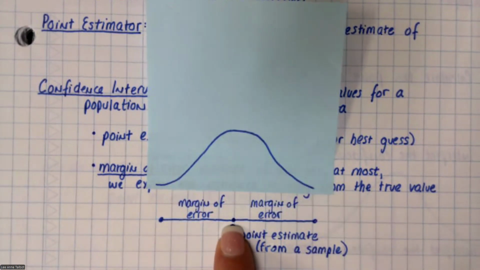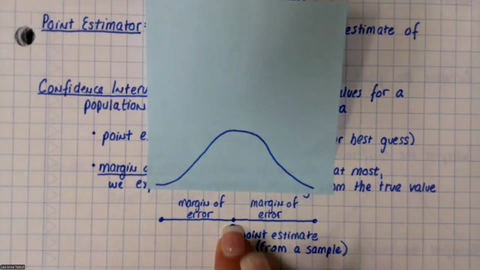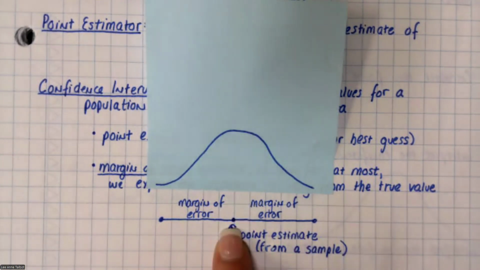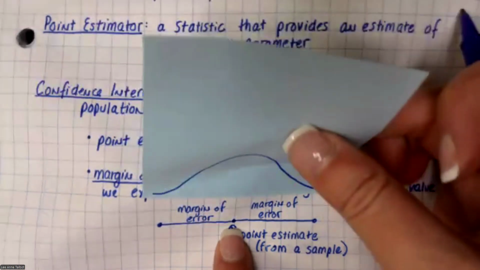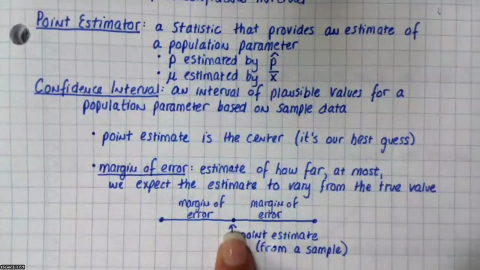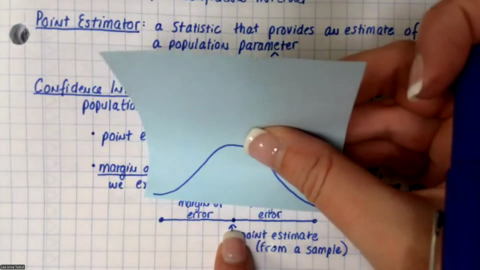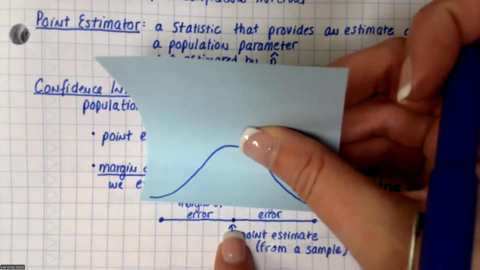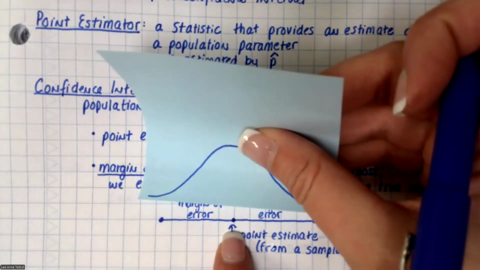And so this is the middle of that distribution, and this is how far out the tails go. Do you see it? So this is a one-dimensional version of a two-dimensional curve, histogram, something like that.